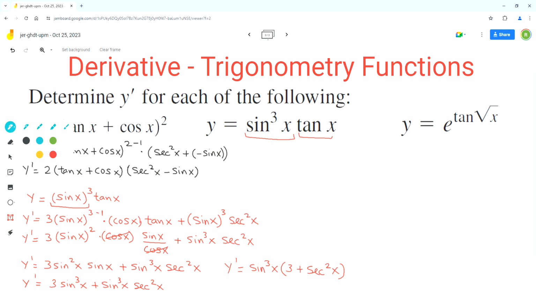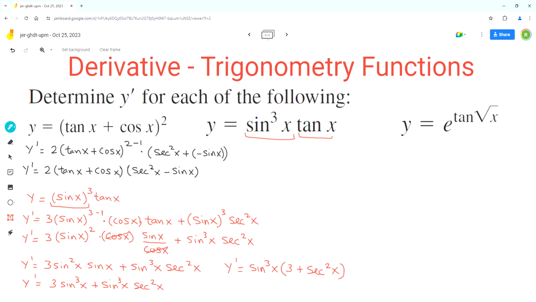Now we can analyze the third y equation: y equals e to the power tan of square root x. There is an exponential term with base e, and the exponent is tan of square root x.